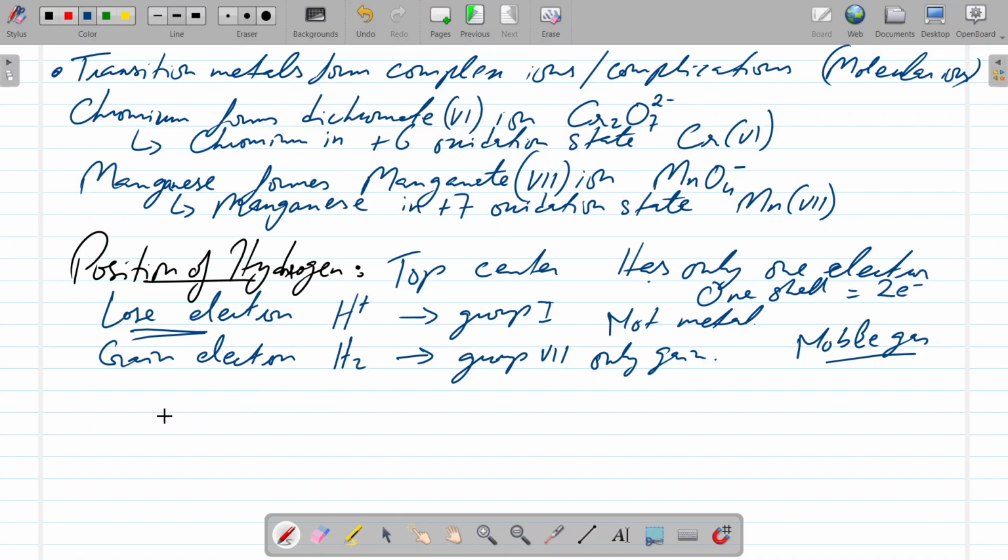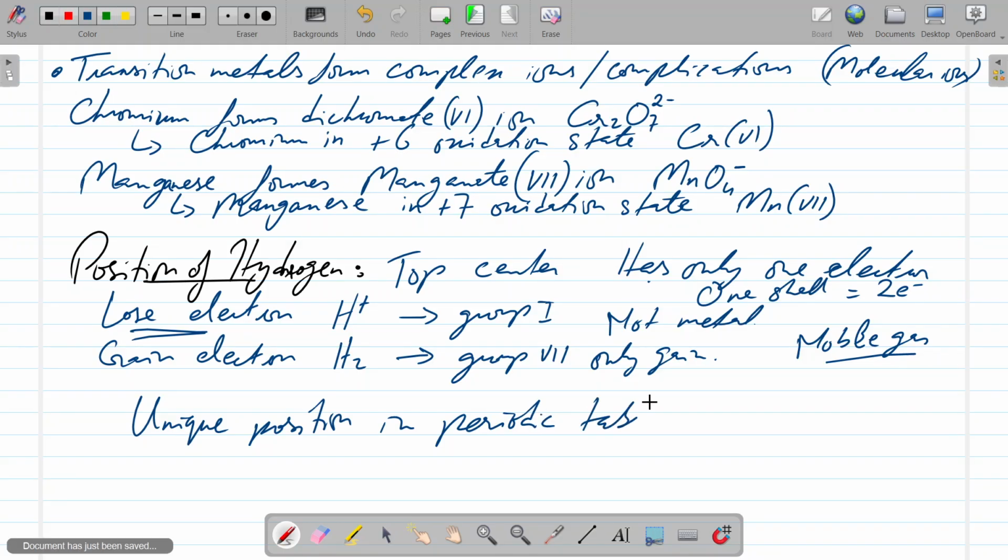That is why it has a unique position in the periodic table. It's not categorized specifically in any group.